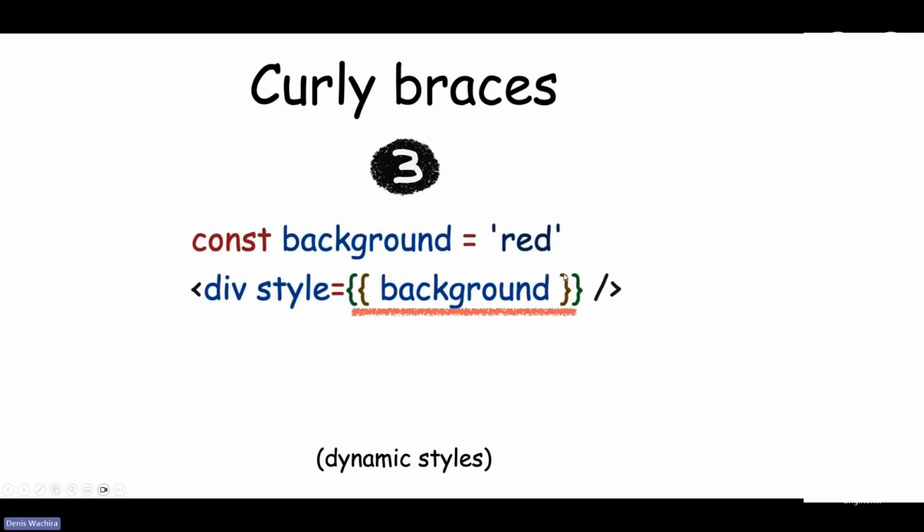So the two must be included. The first one indicates it's JSX code, then the second indicates it's an object of the styling, the way we style in normal CSS.